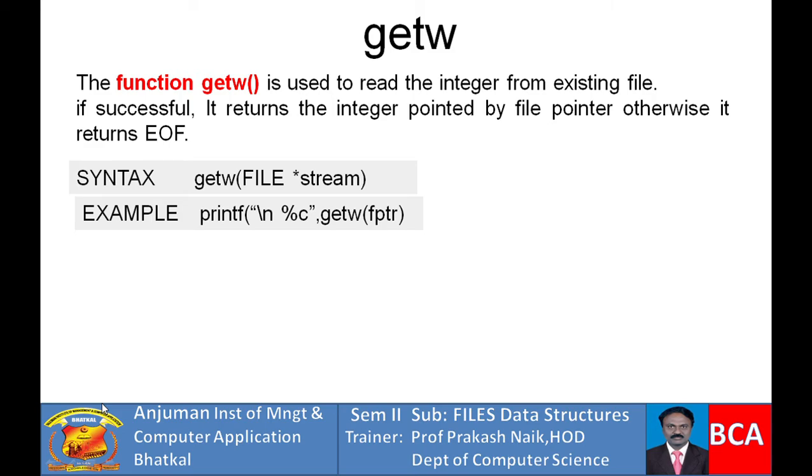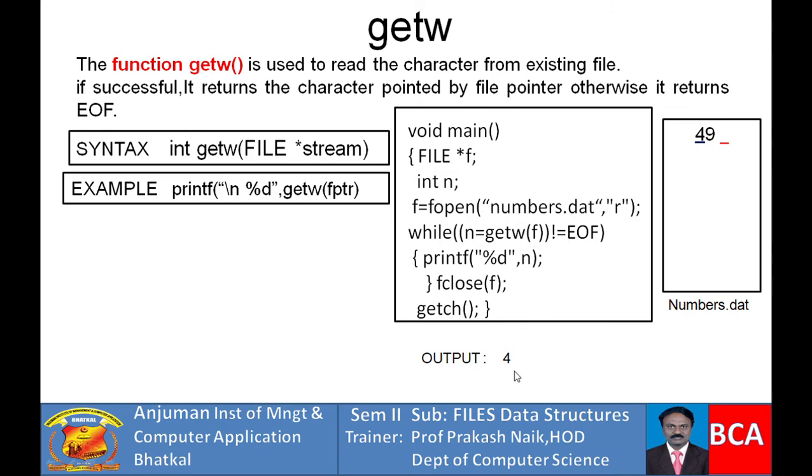So wherever fptr is positioned, whichever location fptr is pointing to, that location's value will be retrieved by getw, right? And the resultant value will be substituted to %c and printed. If I see the previous example, that is numbers.dat, as per this instruction, what will print? It will print 4. See here, it is printed 4.